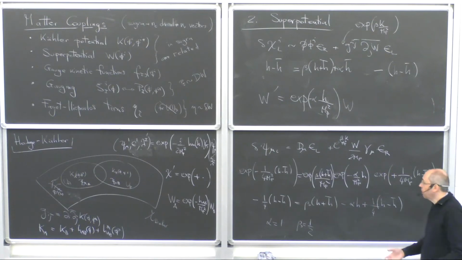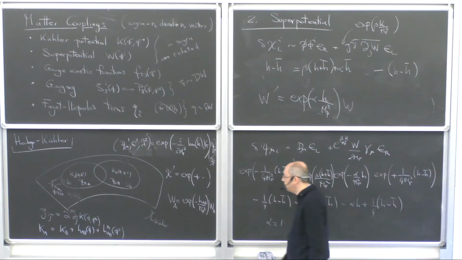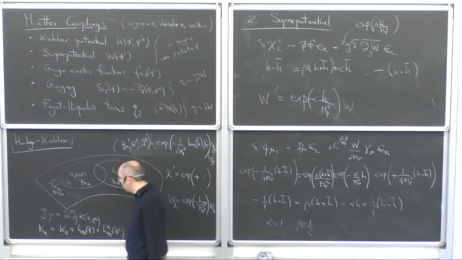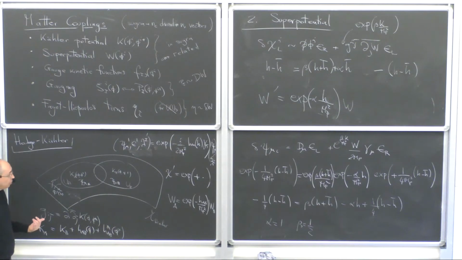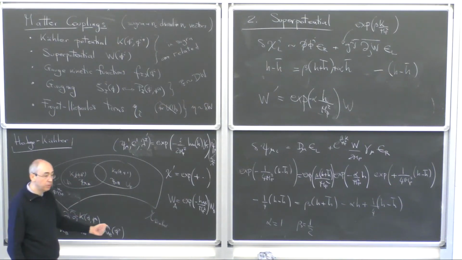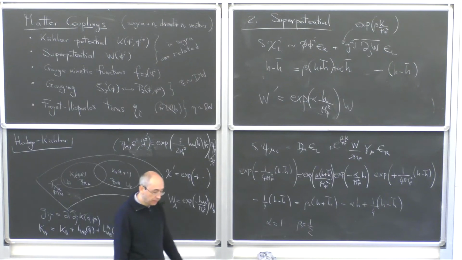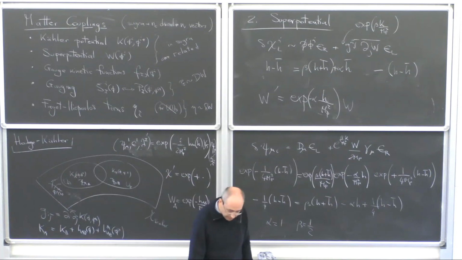And of course, you discuss the Kähler potential and the superpotential separately as two ingredients that you specify in your theory. But what you really need in supergravity is only to know whether there is a W or not. Because if there is, you can always put it to a constant by a Kähler transformation. Okay, so these are not independent ingredients in supergravity.